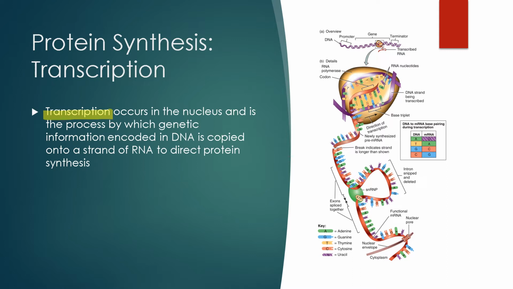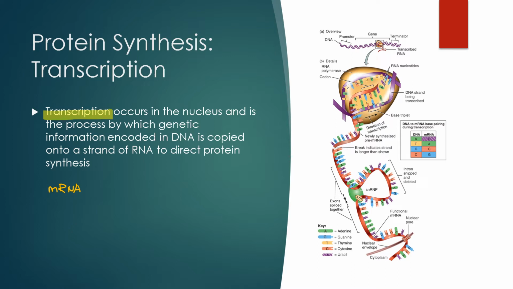So it's going to be converted or rewritten into mRNA. Remember, this is messenger RNA. And nucleotides, which make up DNA and RNA, are used to transcribe the DNA code into mRNA.